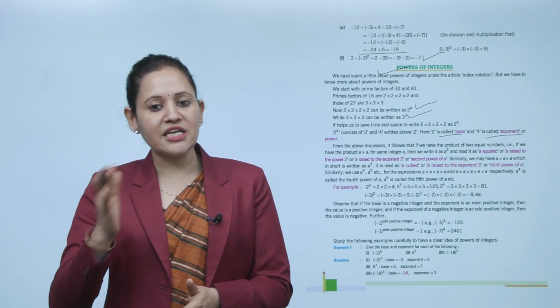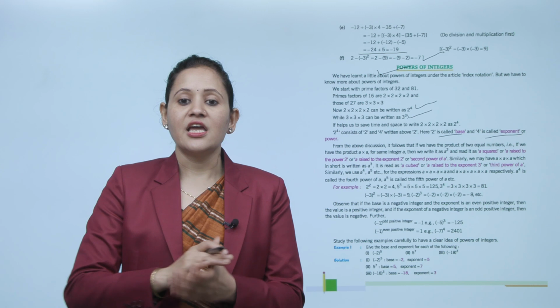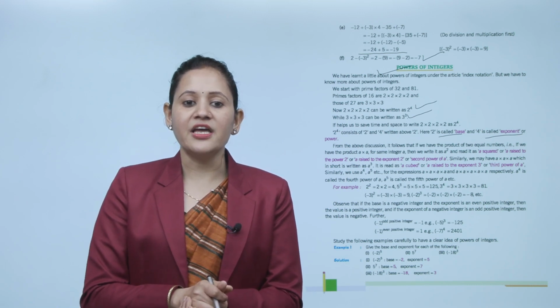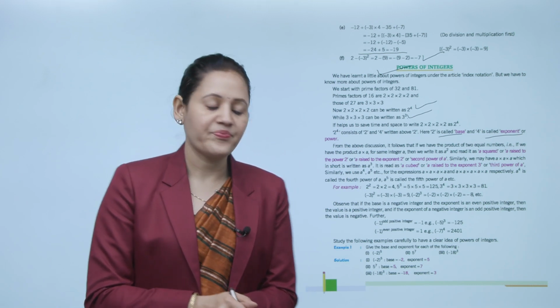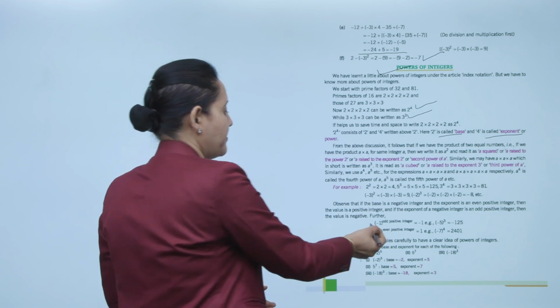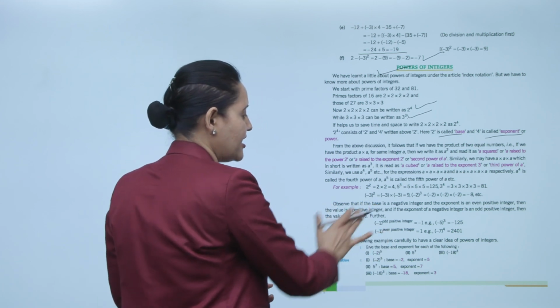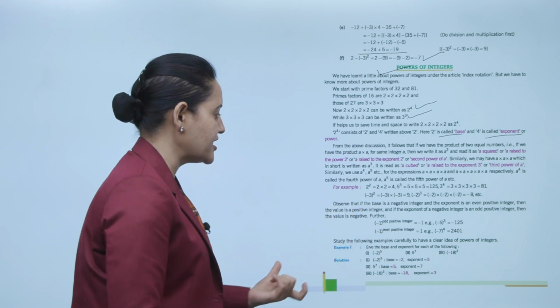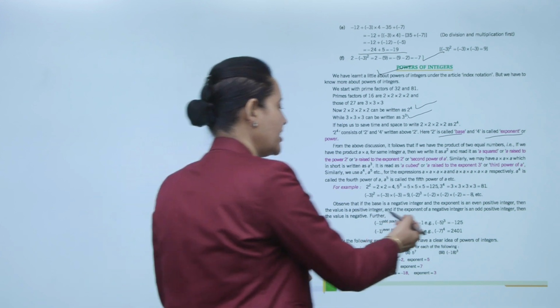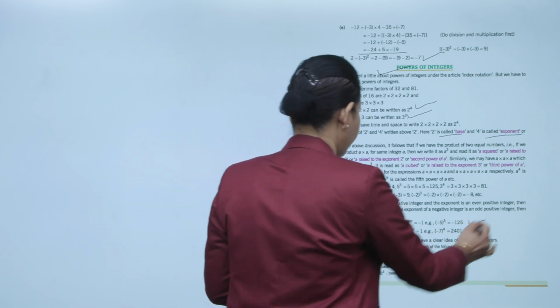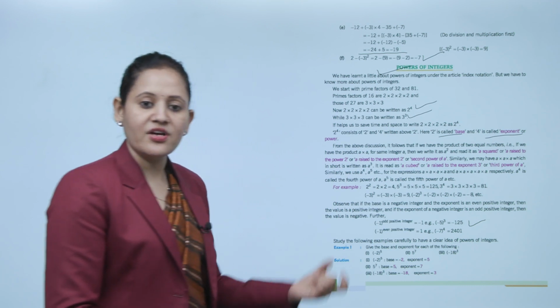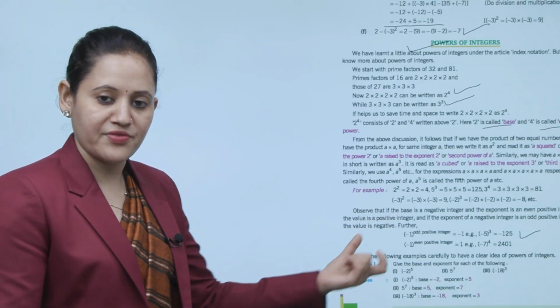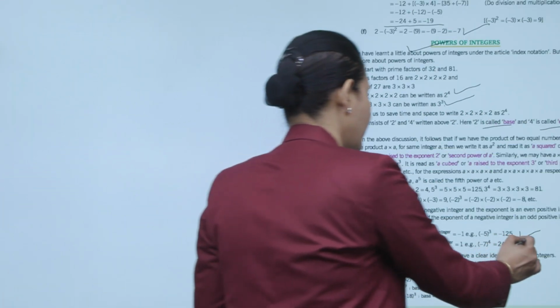If the base is a negative integer and the exponent is an odd integer, then the value is negative. Base is negative and the power is an odd positive integer, so what will the value be? Negative. Base is negative, the power is an even positive integer, so the value will be positive.